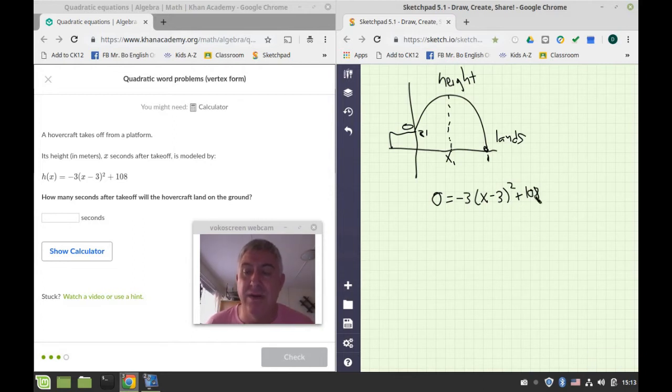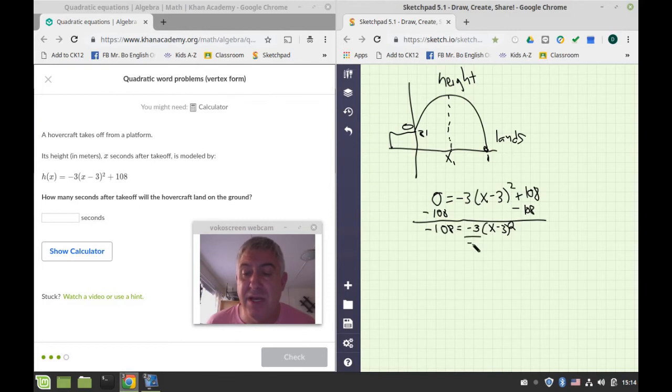Okay, so now I'm going to subtract 108 on both sides. This is like what we did when we did our find the square root lesson about 4 videos ago.